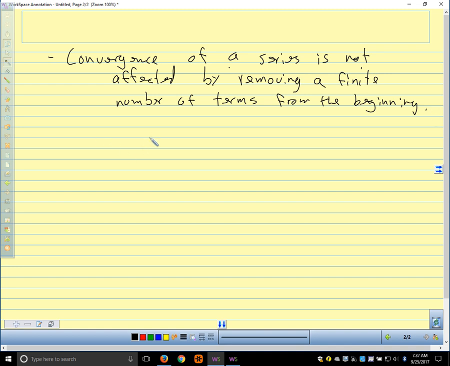For example, the sum n equals 4 to infinity of 1/2 to the n and the sum n equals 0 to infinity of 1/2 to the n both converge.